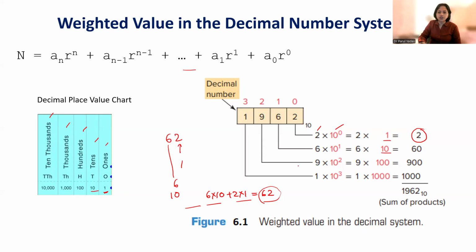This is at the tens position, so it will be 60. Now next is 9, right? We will multiply 9 with its place value. This is at the hundreds place, so this is 100, and this will be 900. And next is 1. So 1 into, it is at the third place, right?